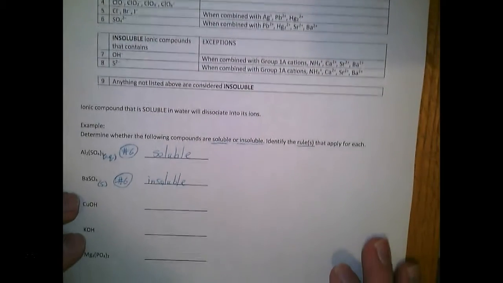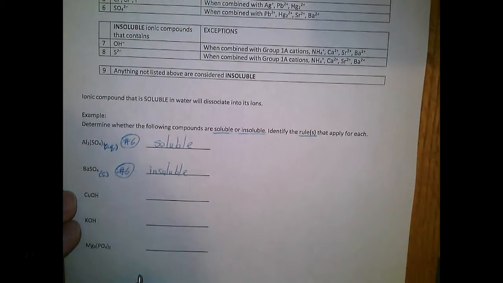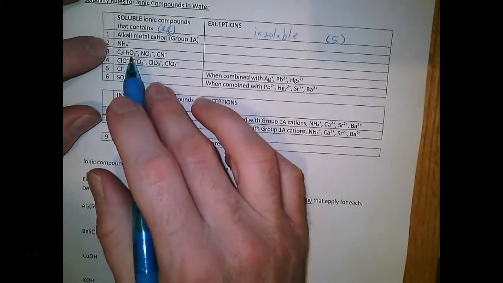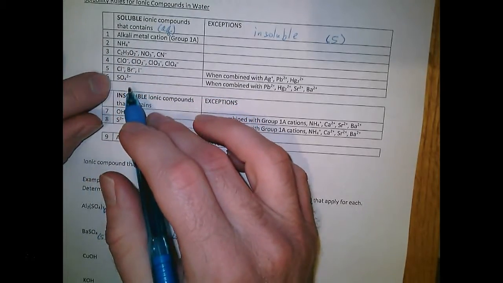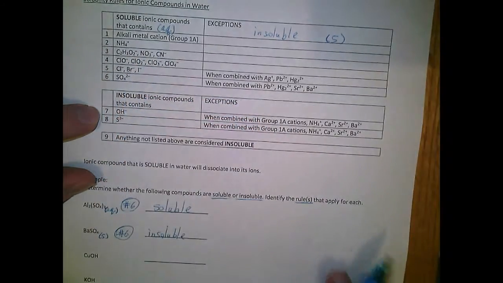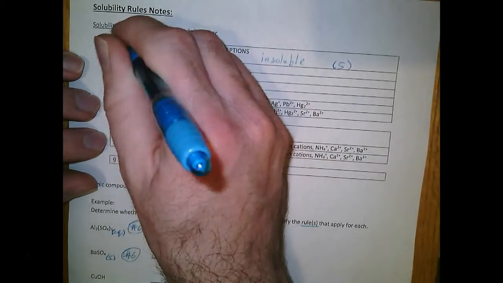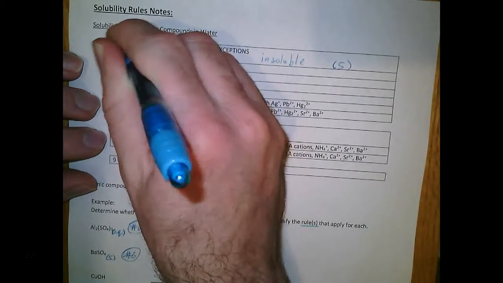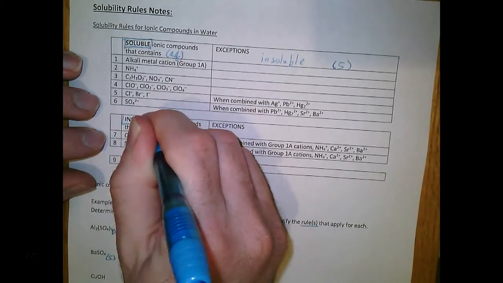Let's go up just a little more. CuOH. Okay, now we're going to go down to the next table, because I don't see Cu, it's not an alkali metal. I don't see Cu or OH up here. I have to go to the next table. Well, this one said these tend to be soluble. This table said these tend to be insoluble.